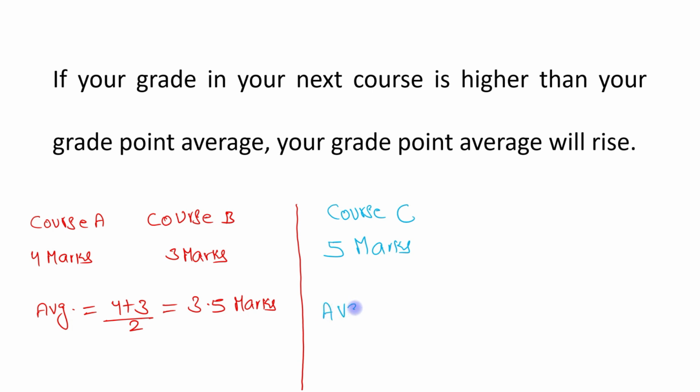The new average will be 4 plus 3 plus 5 by 3. So this will be 4 plus 3, 7, 7 plus 5, 12, 12 by 3, 4 marks. So you can see that if this marginal cost is higher than the average total cost, then average total cost increases from 3.5 to 4 marks. Clear?